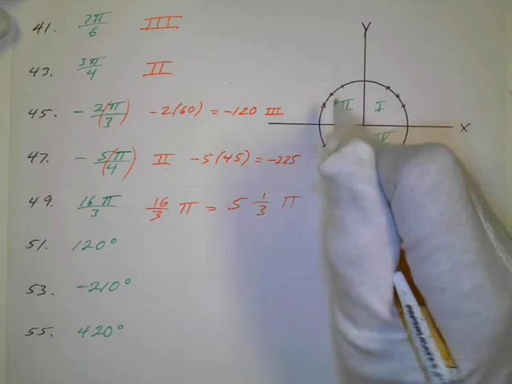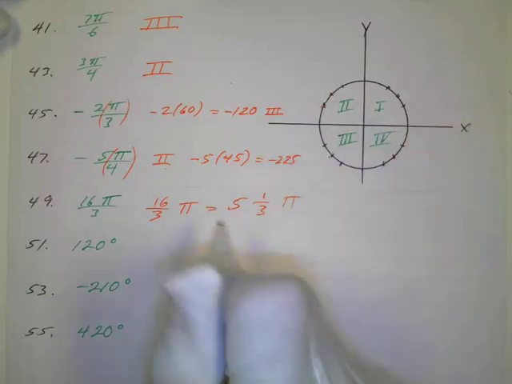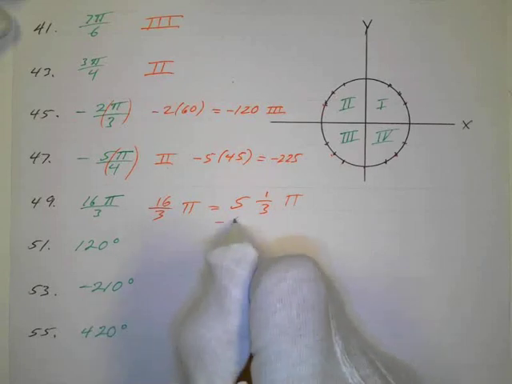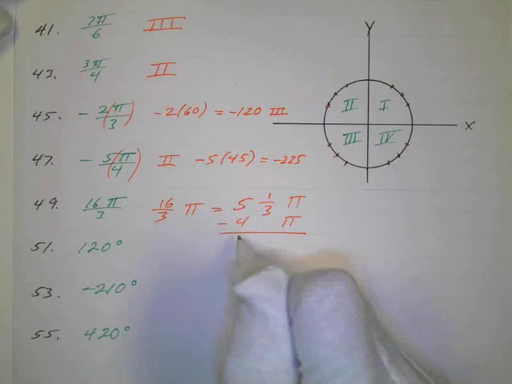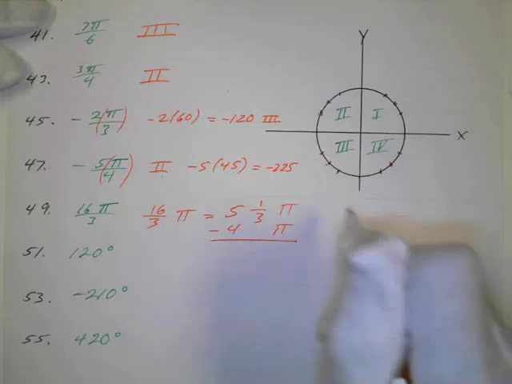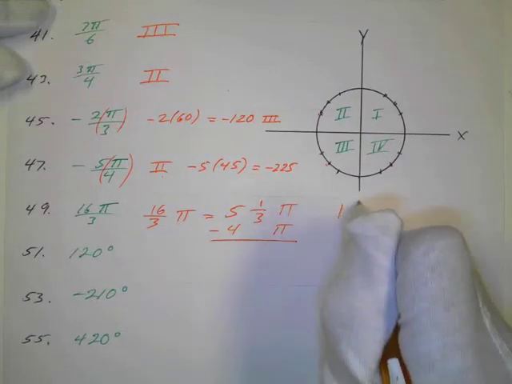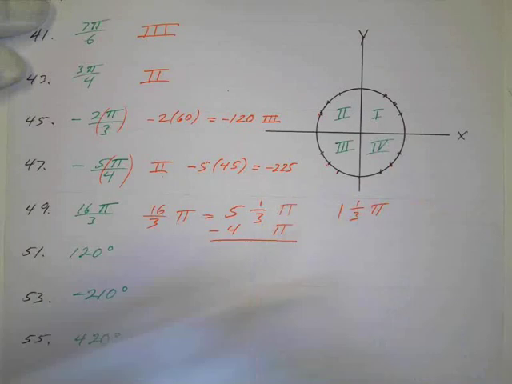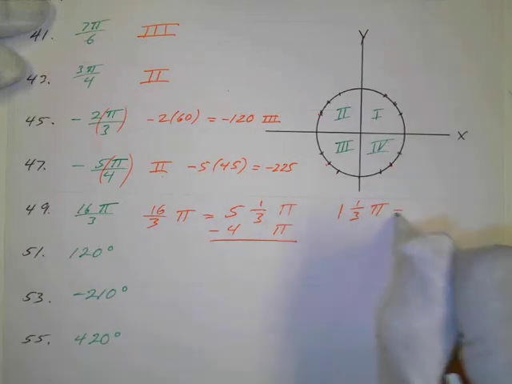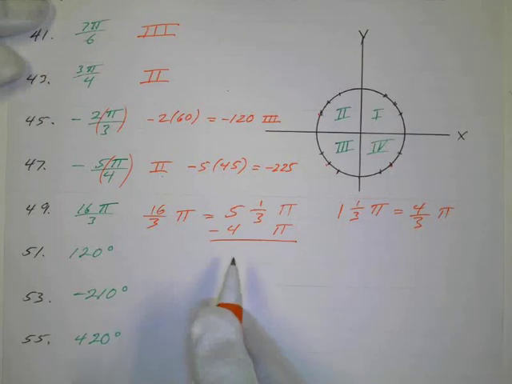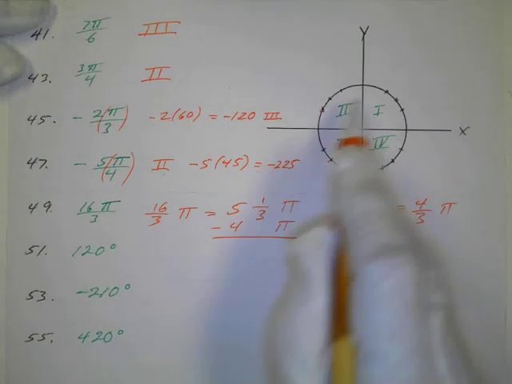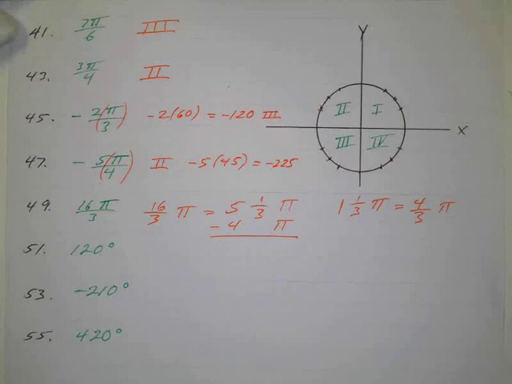That's 2 pi. So if I go twice around there, there's 4 pi. So if I take this and subtract 4 pi, what's left? Well, 5 minus 4 is 1 and a third, so I've got 1 and 1/3 pi left. And that's the same thing as 4/3 pi. So this is a little bit easier way to think about it. Get it down to an angle that's less than 360.